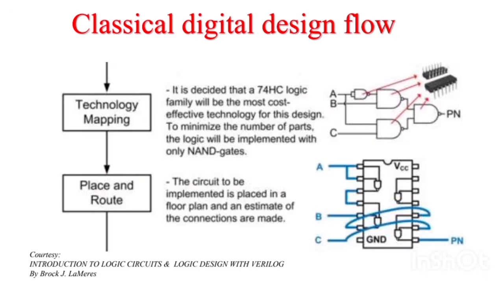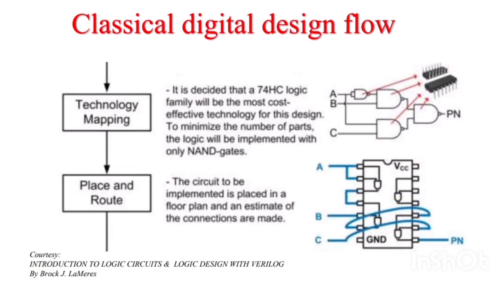The fourth step is technology mapping. We have the netlist now, and it has to be manipulated so that it will be suitable for the technology used. The 74HC logic family is used since it's the most cost effective technology for this particular design. Here a NAND gate only implementation is used for minimizing the area used.